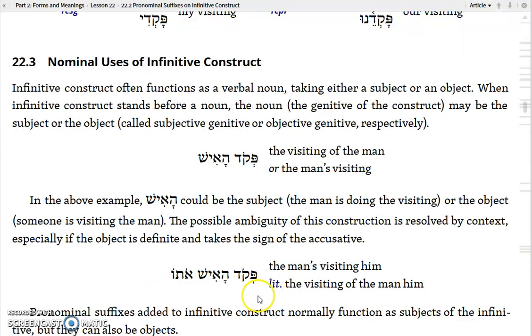So here, for example, pakod ha'ish oto, literally the visiting of the man him. Well, oto is a direct object marker plus suffix, which means the him has to be the one visited or appointed, depending on the gloss you want to use. And so the man's visiting him means the man is visiting him.